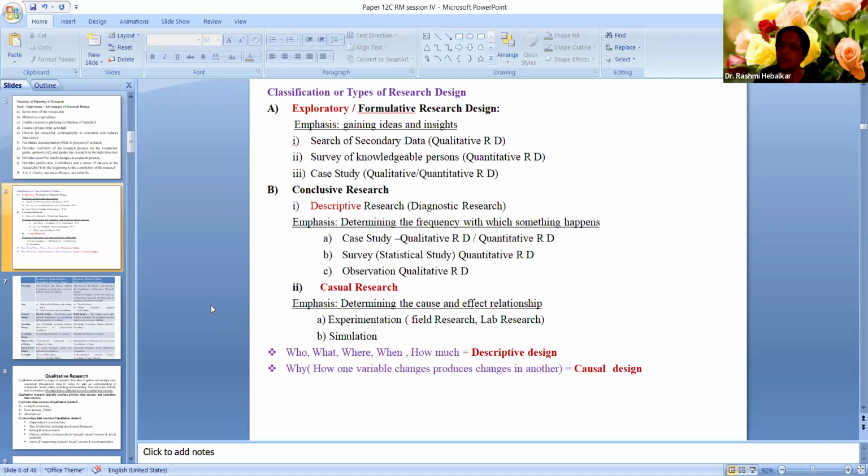Are you getting it? So I'm using survey method. The sample that I have collected is 100 or 200 or 500. It is quantitative. So it is number 2, italics number 2 under A. I suppose you are getting quantitative research design.